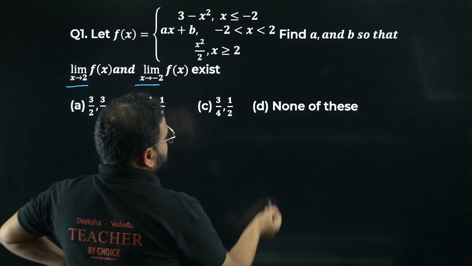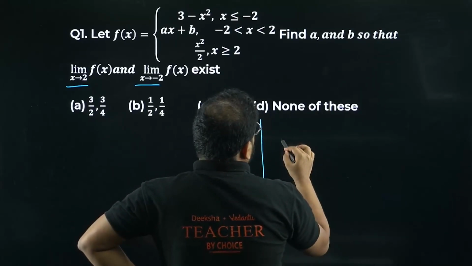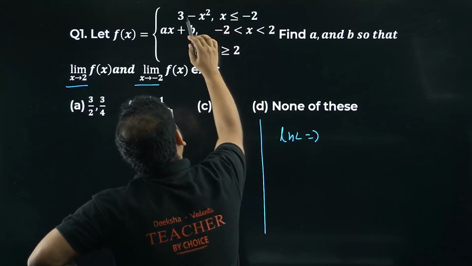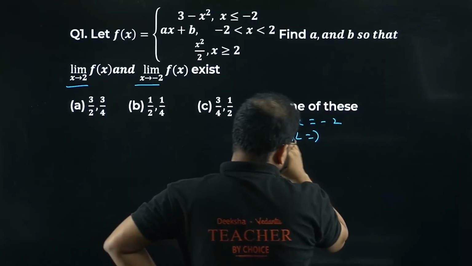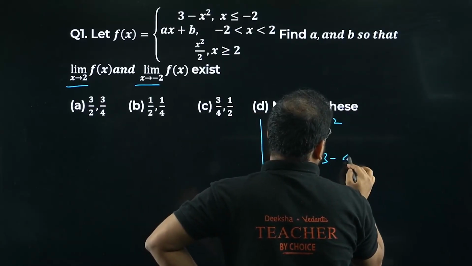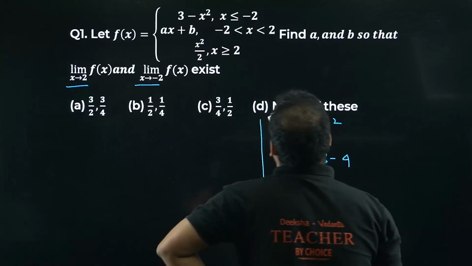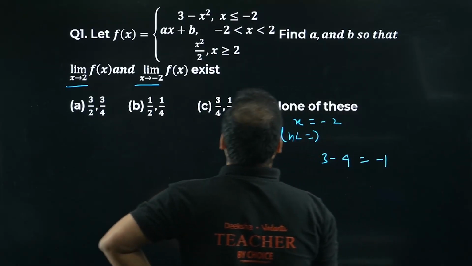Let's do minus 2 first. If I find the value of LHL, I have to use this part. I'm talking about x equals minus 2 first. So it will become 3 minus 4, which is nothing but minus 1. What about RHL?